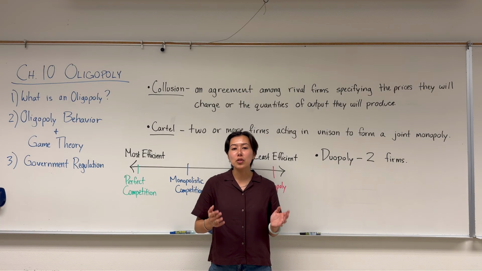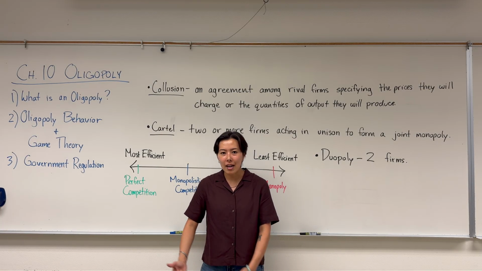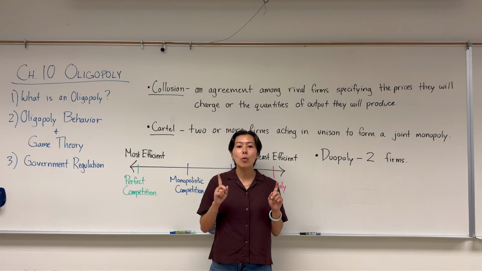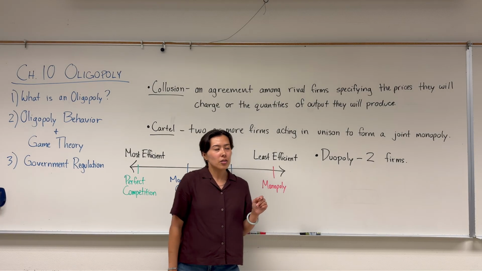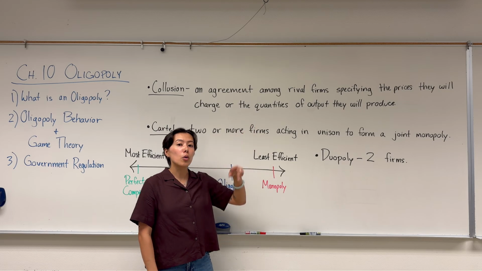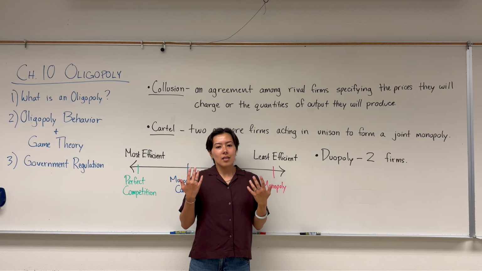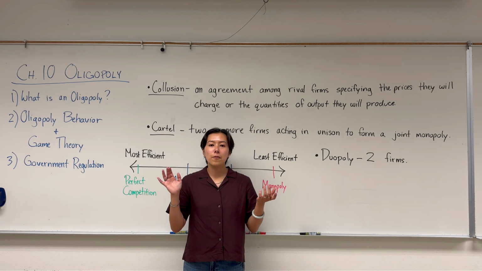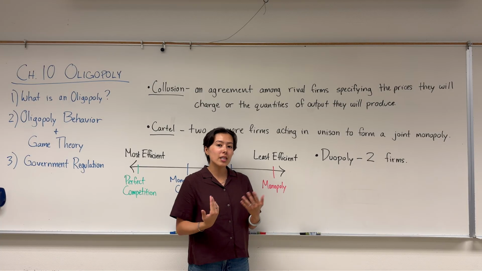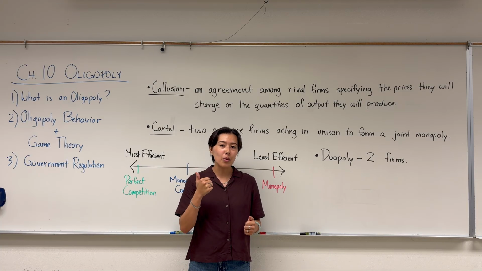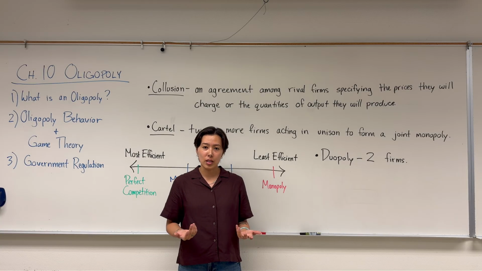If we both reduce our output, that will drive up the price of soda and we'll both be able to make more money. So the CEO of Coca-Cola is proposing this collusion. Let's say that Pepsi agrees, and so the firms get to work. They both restrict their output, which drives up the price, and their profits increase.